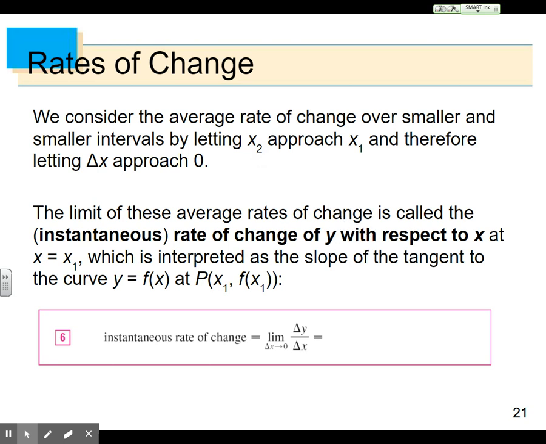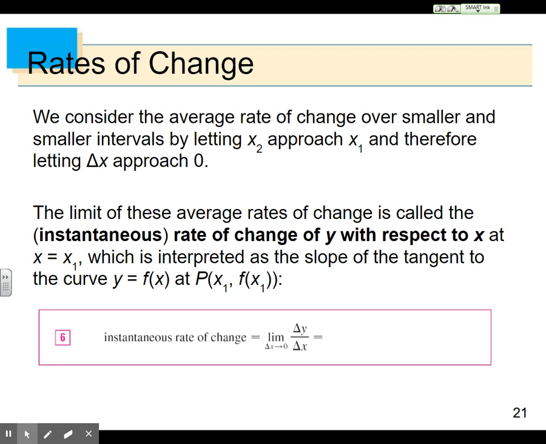So we consider the average rate of change over smaller and smaller intervals if we let x1 and x2 get closer and closer. And that's going to make it so delta x goes to 0. Same as my h going to 0. Suddenly now I don't have an average rate of change. I have something called the instantaneous rate of change of y with respect to x. Okay?